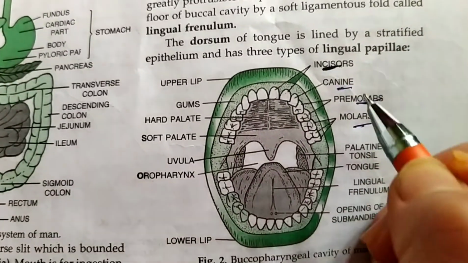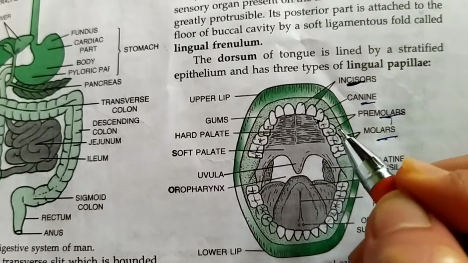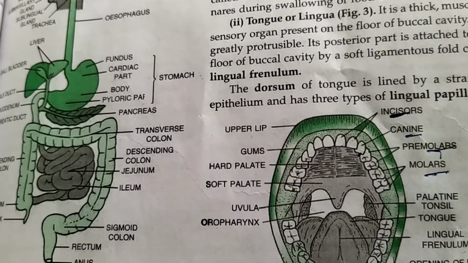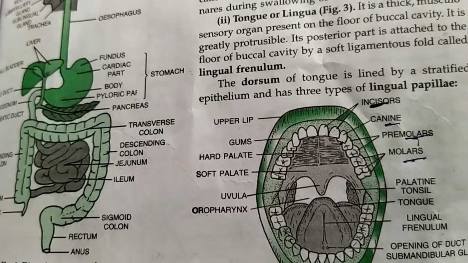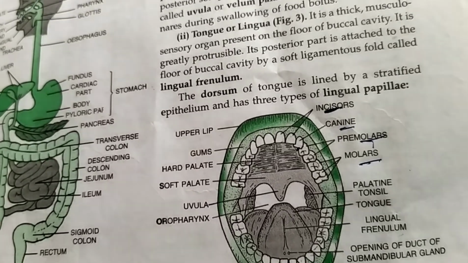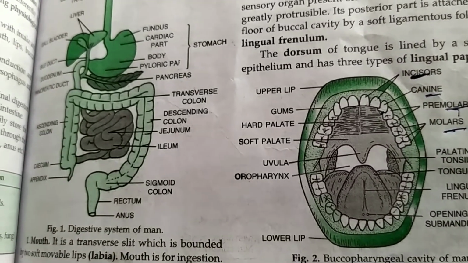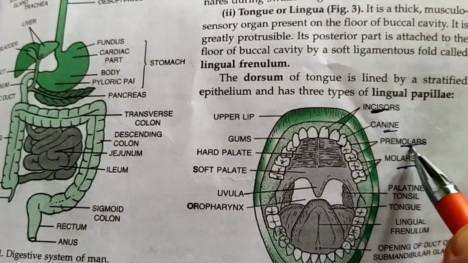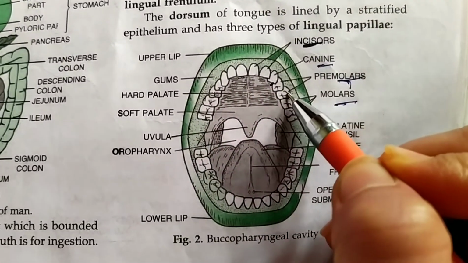When we are talking about canines, they are used to eat flesh. Just outside the incisors, a single canine is present in each half of the jaw. Okay, so whenever we eat chicken, we use these canines, so we also call them tearing teeth. And when we are talking about premolars, in each half of the jaw there are two premolars, as you can see, 1 and 2.